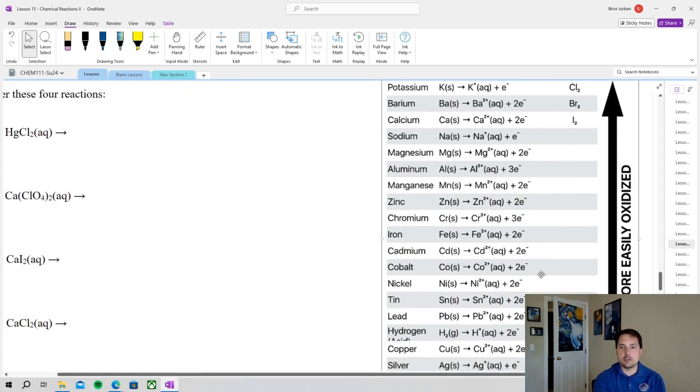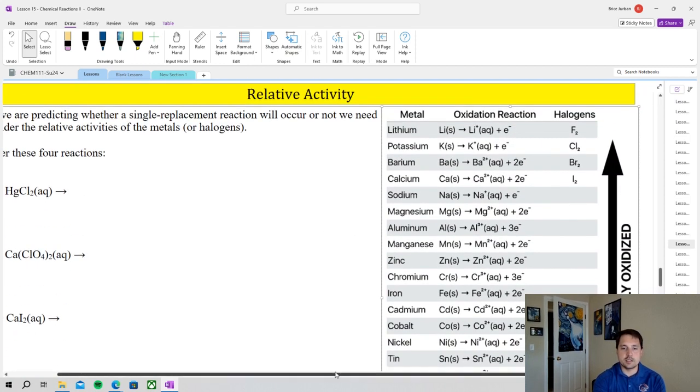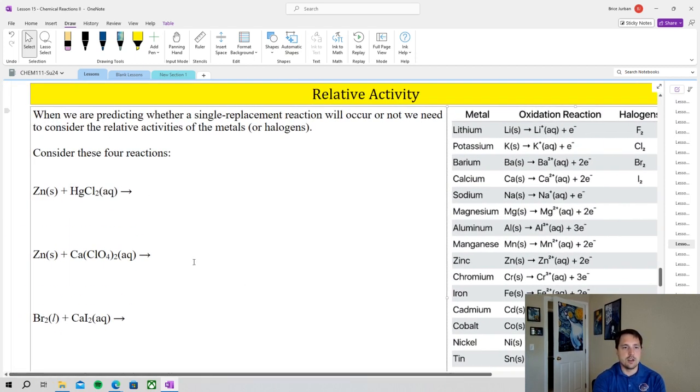Whereas some of the metals that are in the middle of the series, they'll react with acids but not with water. And then as you get down into the further series, they'll react with strong acids but not water, or not with acids at all. And so your textbook talks a little bit more about the activity in terms of that regard.